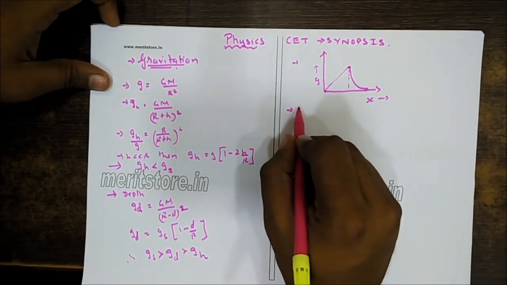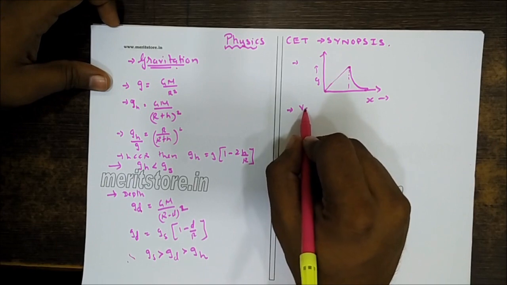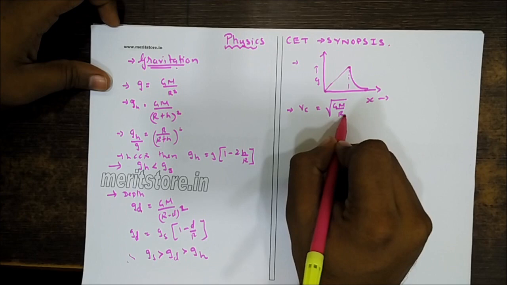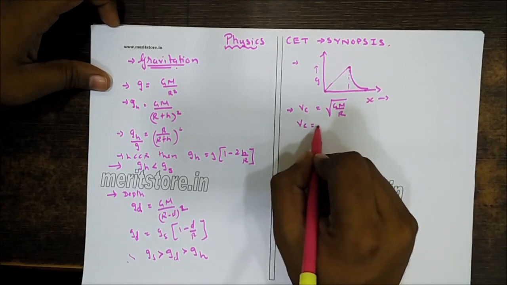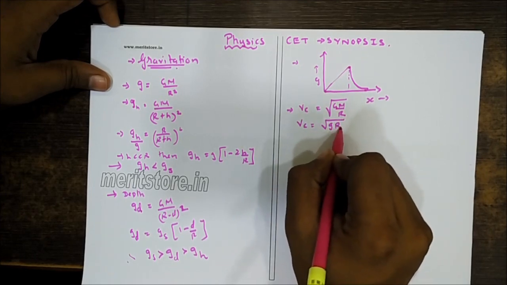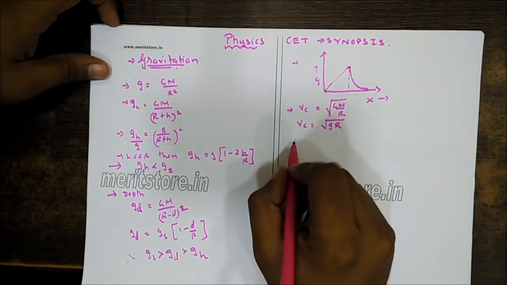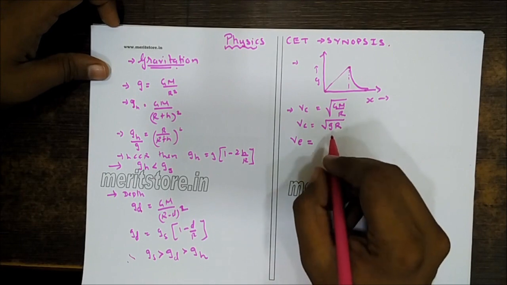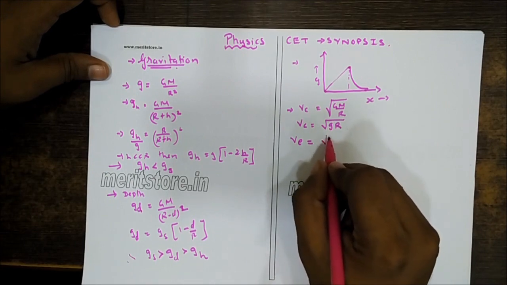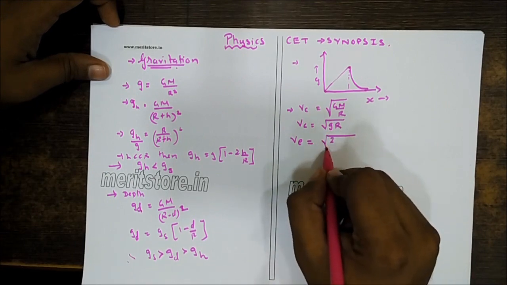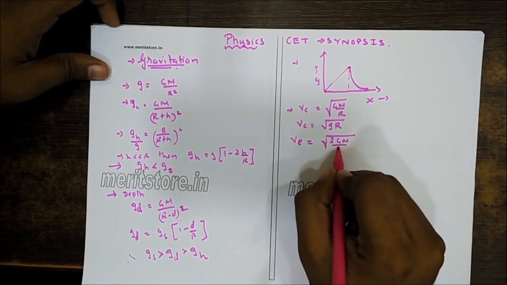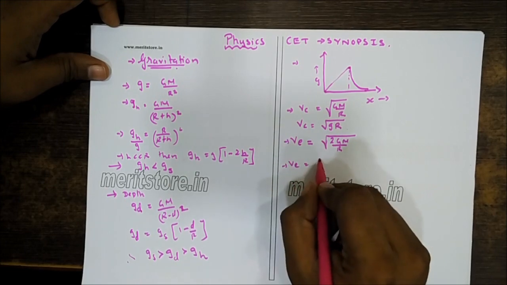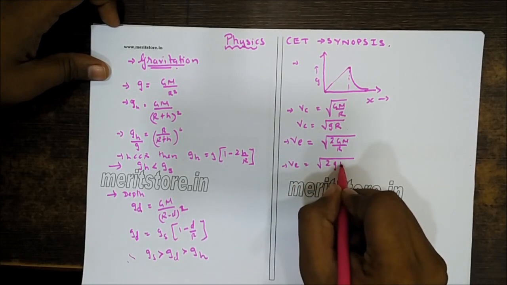Alright, the next concept is critical velocity. It is given as root of GM upon R. It's also given as under root of gR. Along with critical velocity, we have escape velocity, which is given as v is equal to under root of 2GM upon R. Also v is equal to under root of 2gR.